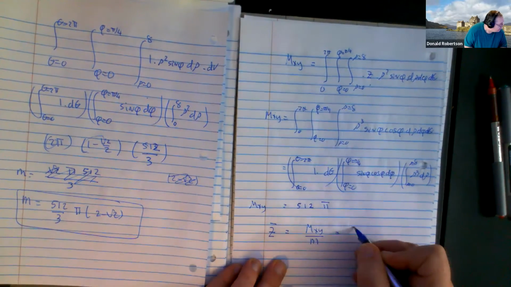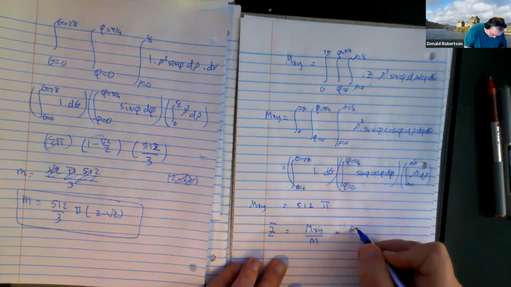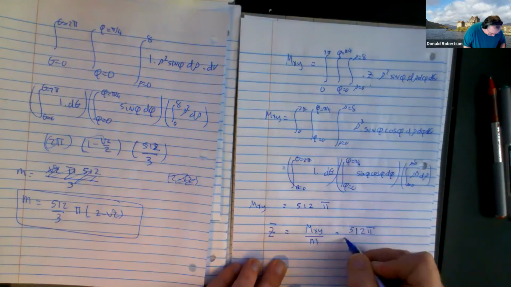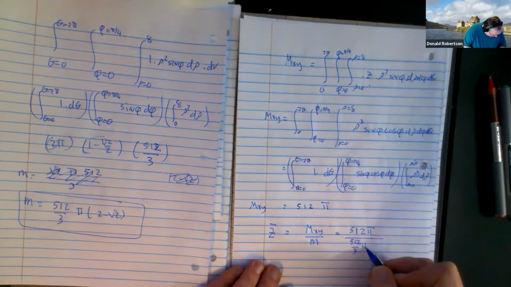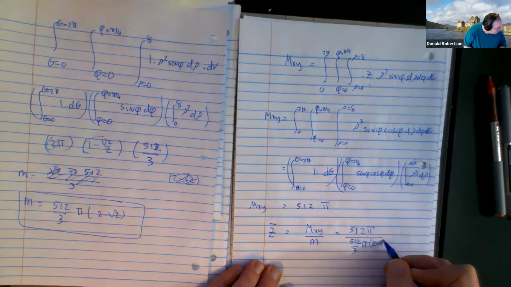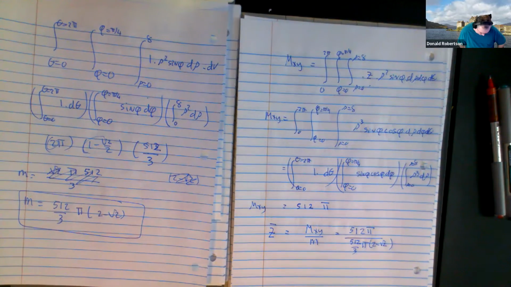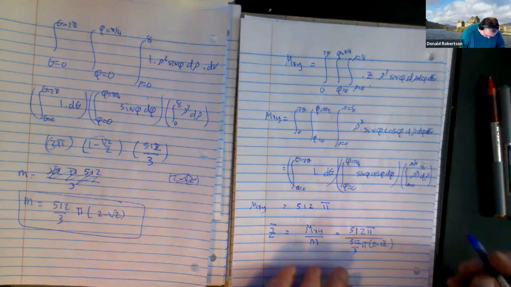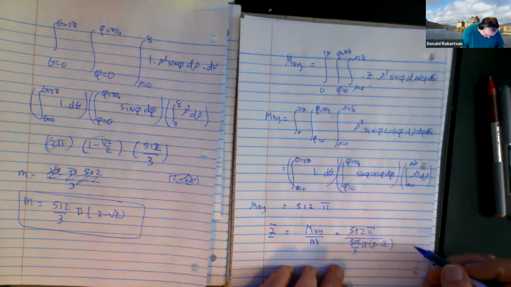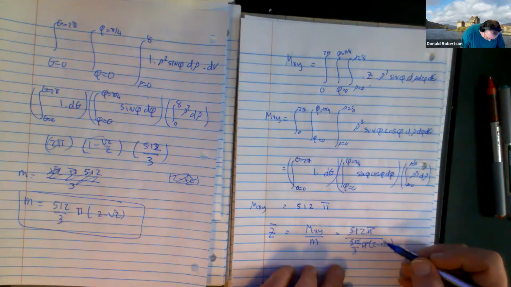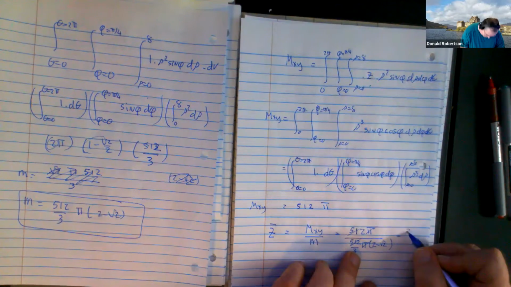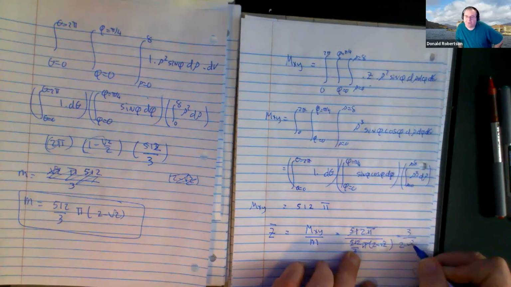So it's 512 pi divided by 512 thirds pi to take away that guy. And that'll cancel with that. That'll cancel with that. And you'll get a 3 on the top. Okay. We agree with the answer.